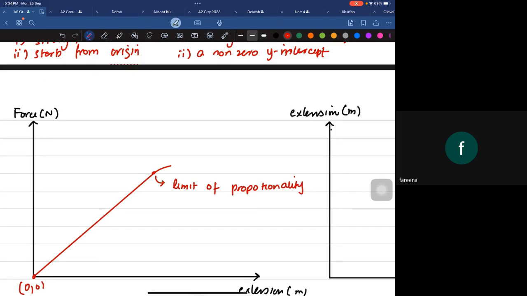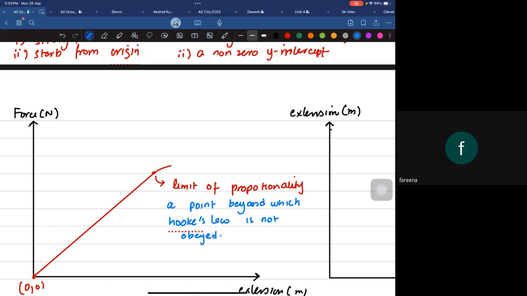Limit of proportionality basically means this is a point beyond which Hooke's law is not obeyed, which means force does not stay proportional to extension.